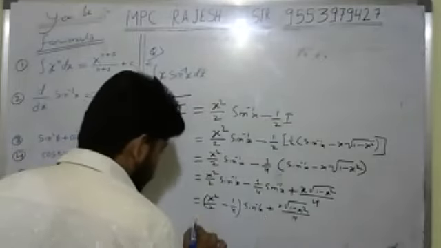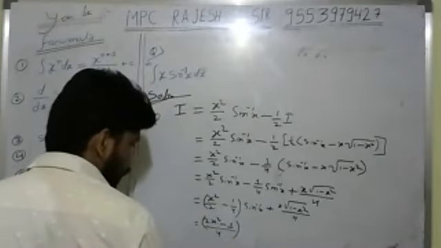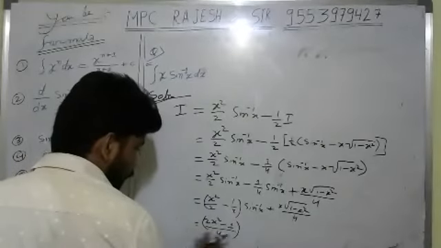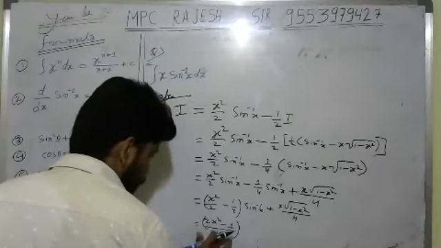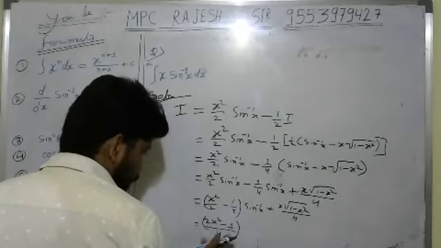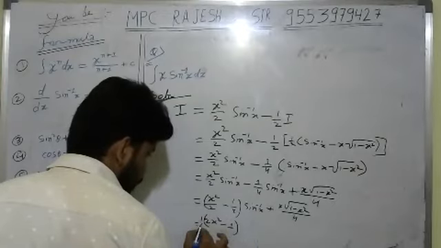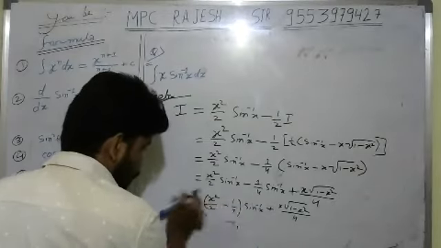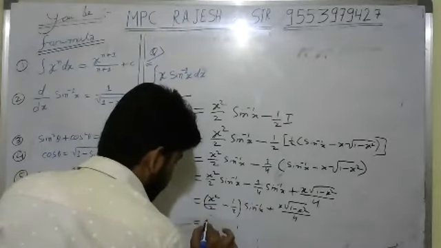This we can solve. What will be the LCM? 4, here 2x square minus 1. So this 4 we are taking outside. We can take it outside directly, no problem. That we are taking outside will become the final result.